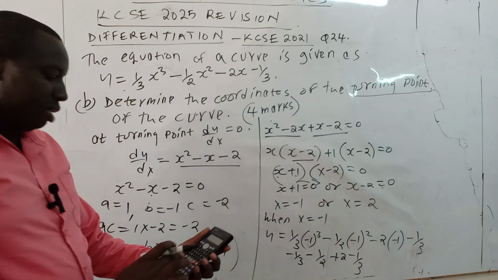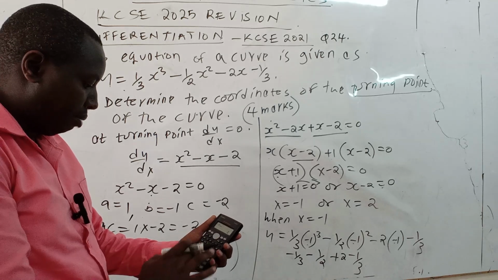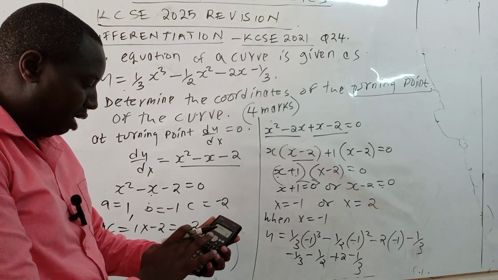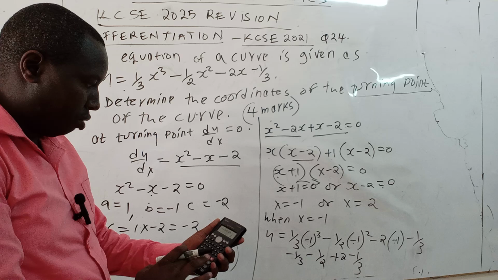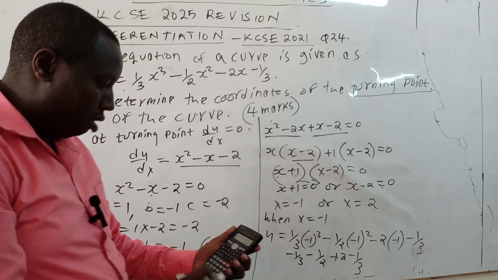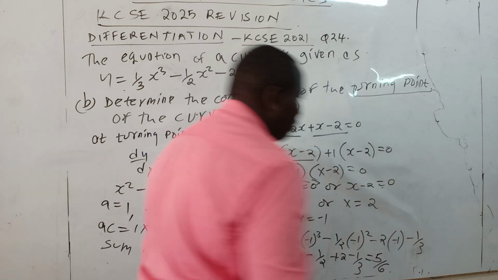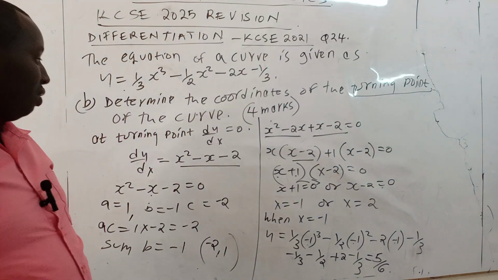You can do that one directly using the calculator. Say minus a third, minus a half, plus 2, minus a third. You can put them direct, and you get 5 over 6.